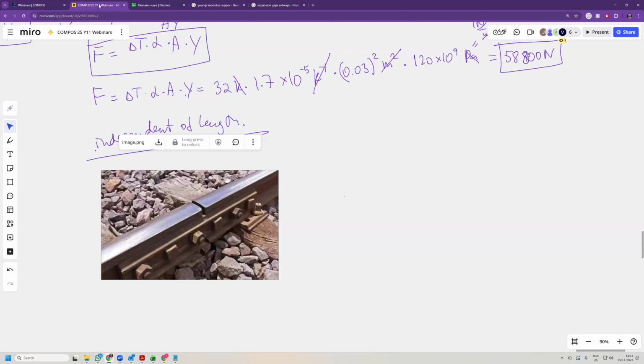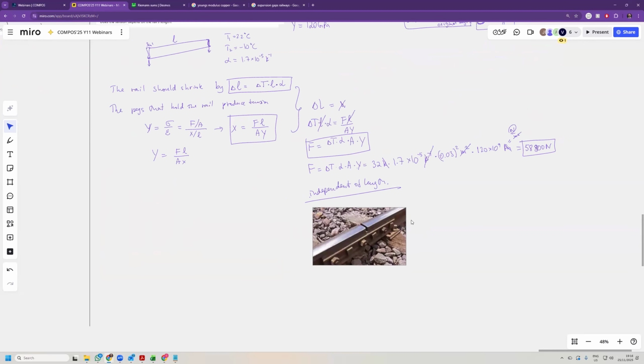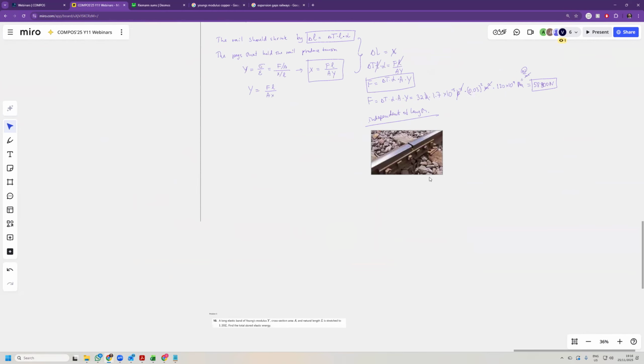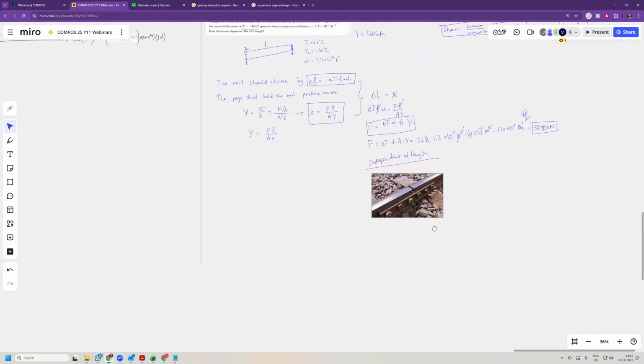So in the winter they are under tension, and in the summer when it's hot they're under compression, and it's perfectly fine. They don't expand uncontrollably. There's an amazing video by Veritasium on how the train tracks are laid. It's quite fascinating, so if you're interested in engineering, do check out Veritasium: Why do railways not have expansion gaps?